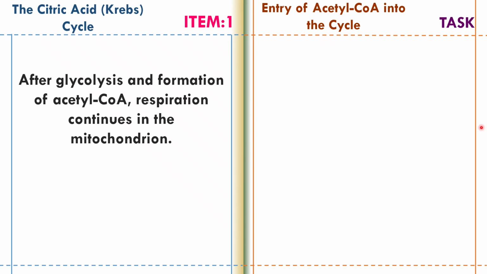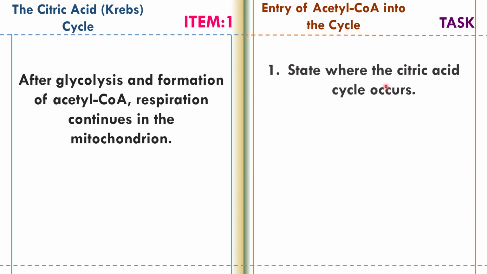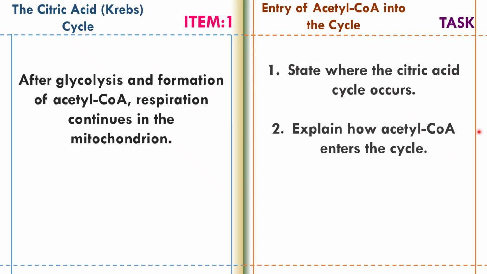Task: state where the citric acid cycle occurs. Explain how acetyl-CoA enters the cycle. Name the first compound formed.